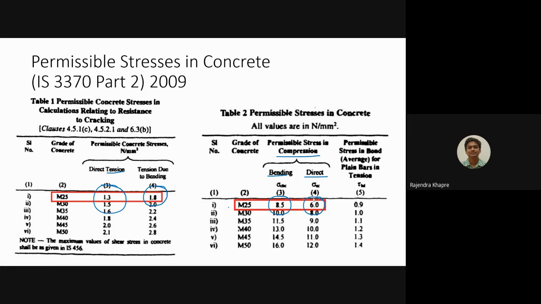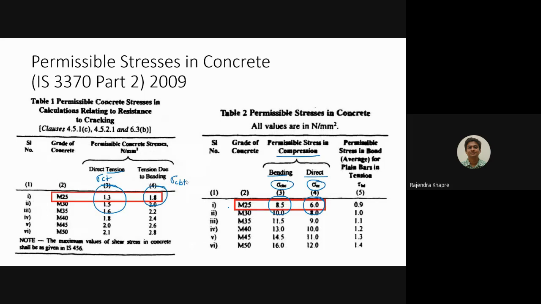Here you can see this is sigma CBC and this is sigma CC. Usually we call this sigma CT, that is stress in concrete under direct tension. And this one is sigma BT, that is stress in concrete in bending tension.